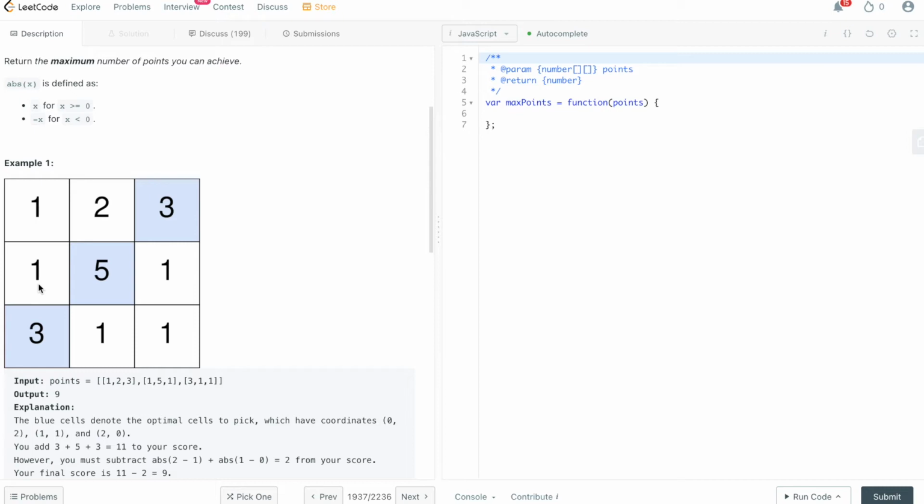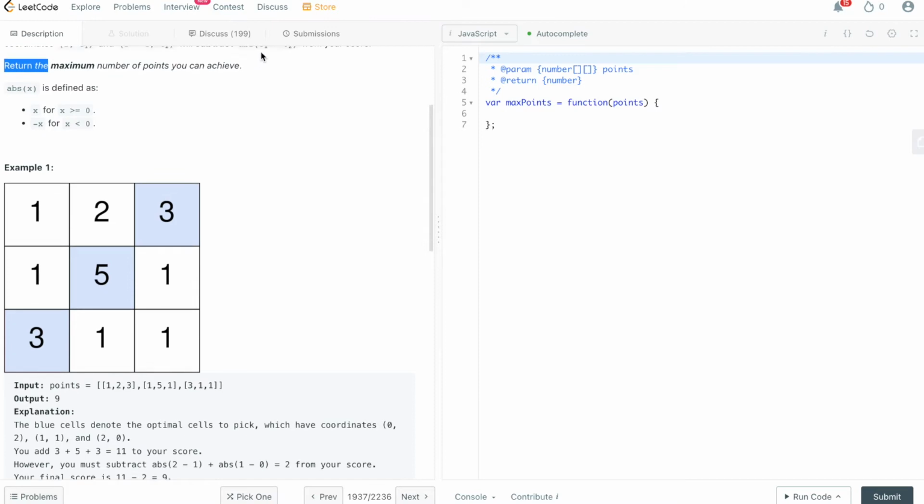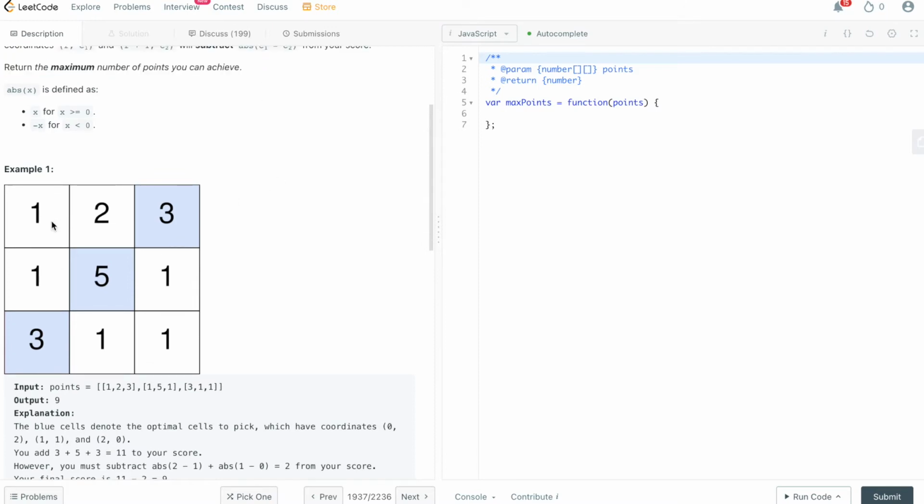What would give the maximum number of points? Well, if we think about it, if we're dealing with just one here, we don't yet know which one of these is largest, or which combined with this value will be largest.